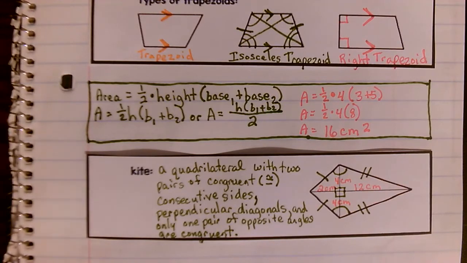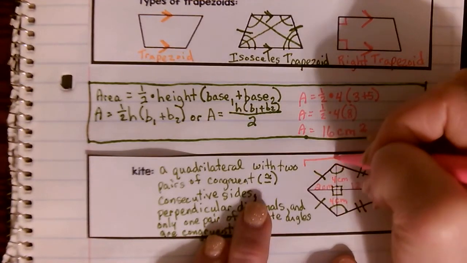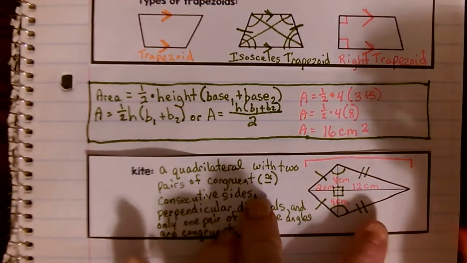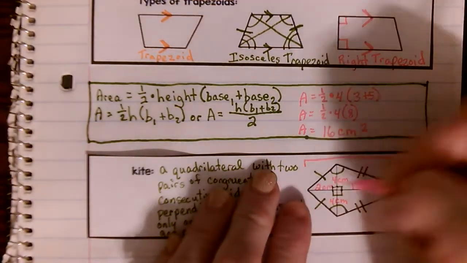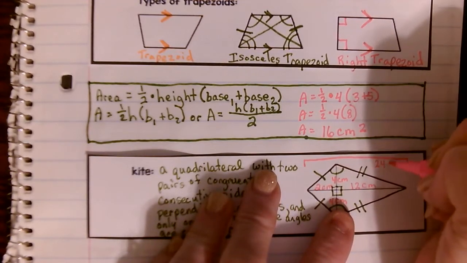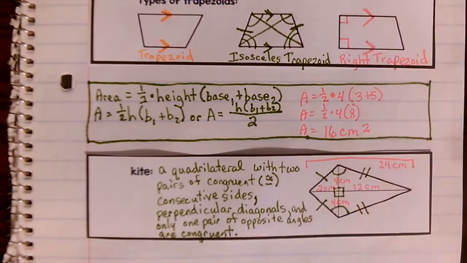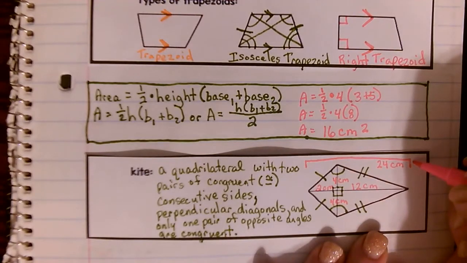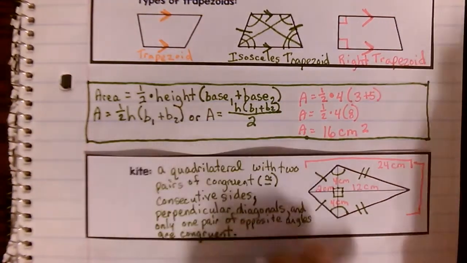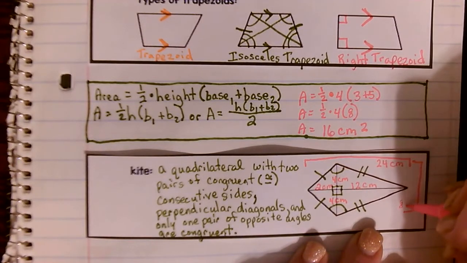That means from here to here, the whole length of this, which we'll call the distance, or D1, of this whole thing is 2 plus 12, which is 24 centimeters. Okay? And then the height this way, or distance, or D2, we'll label it from here down to here. 4 plus 4 is 8 centimeters. So this one is 8 centimeters.